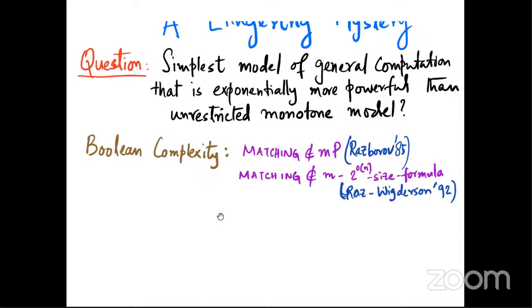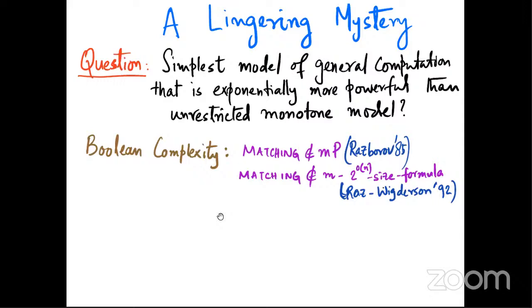In fact, Raz and Wigderson showed that matching, if you only look at formulas, not even circuits, so these you might think of even as circuits of small depth, meaning circuits which can compute in fast parallel time, Raz and Wigderson showed that in order to compute matching fast in parallel, it's not possible.